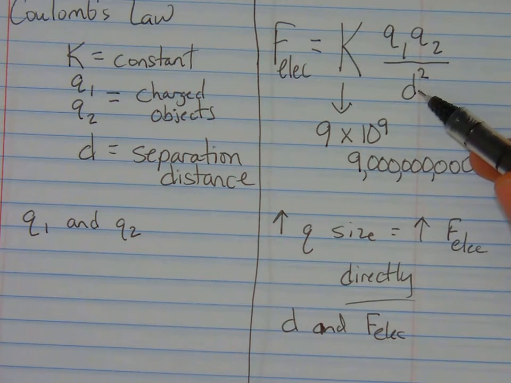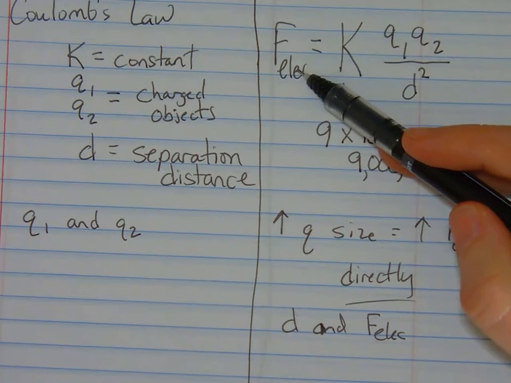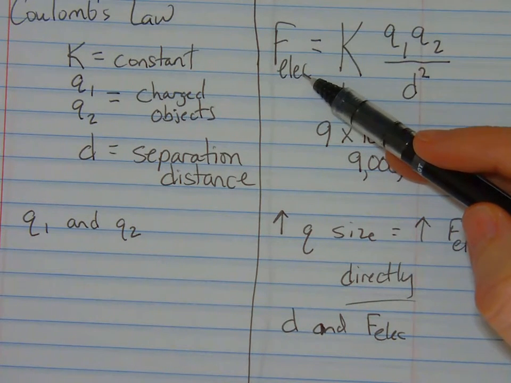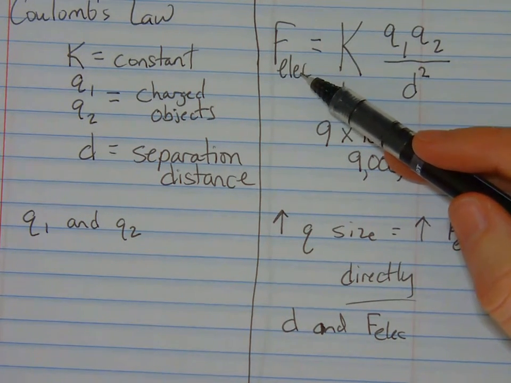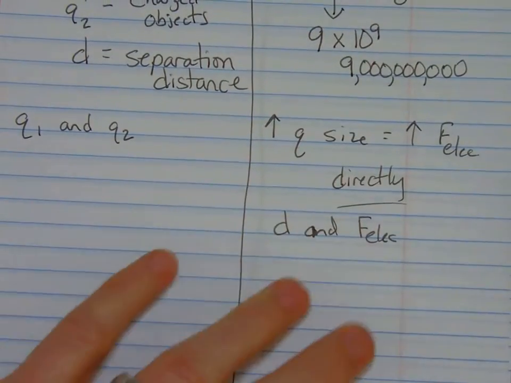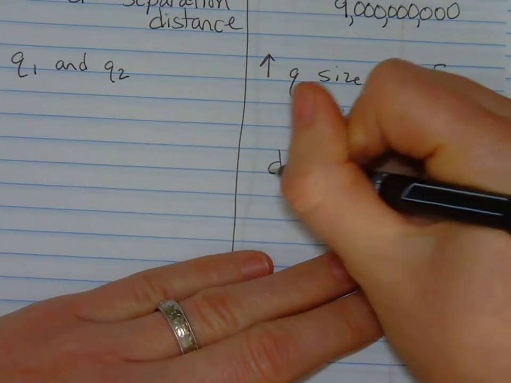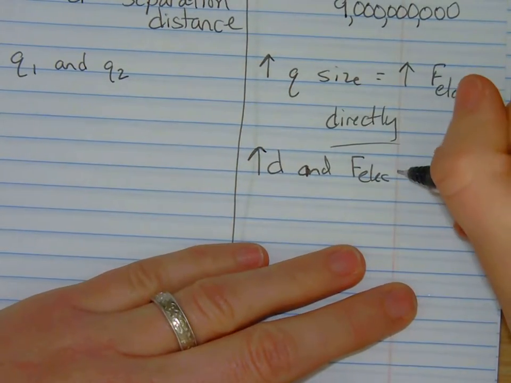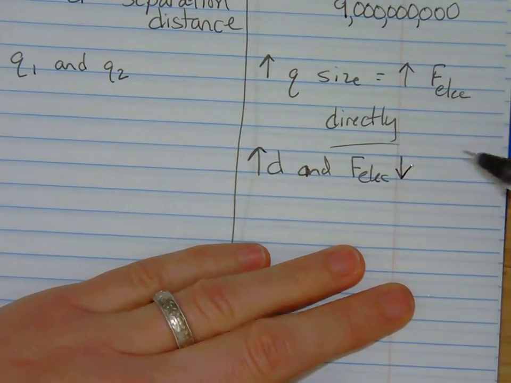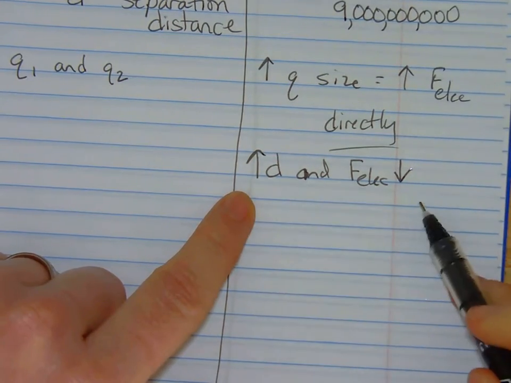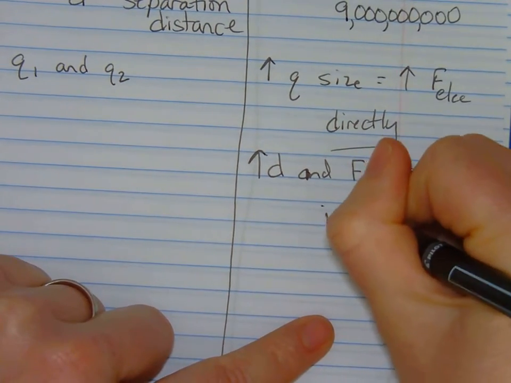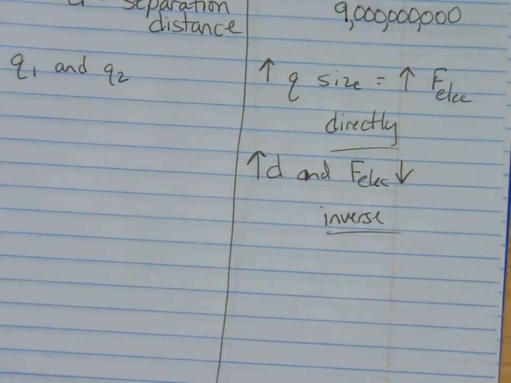If you divide by a much larger number, our answer is going to be smaller. We're going to get a weaker attraction or a weaker repulsion. So we would say that an increased distance would cause electrical force to decrease. When you see one go up and one go down, we know that that is an inverse relationship.